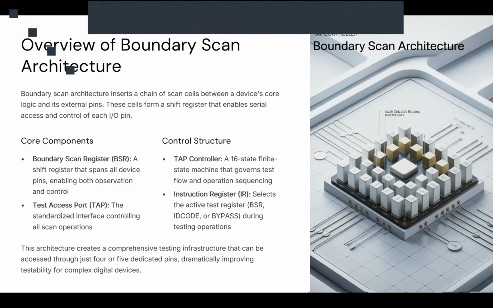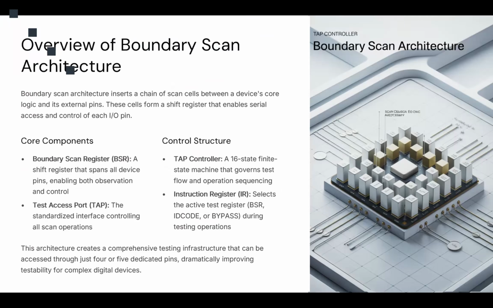Now, we already talked about boundary scan, I mentioned it several times. Let's talk about the definition of boundary scan. What is the boundary scan architecture? In boundary scan, we insert a scan register, which we call the boundary scan register, or BSR, between all the input and output pins of the device and its internal core logic.